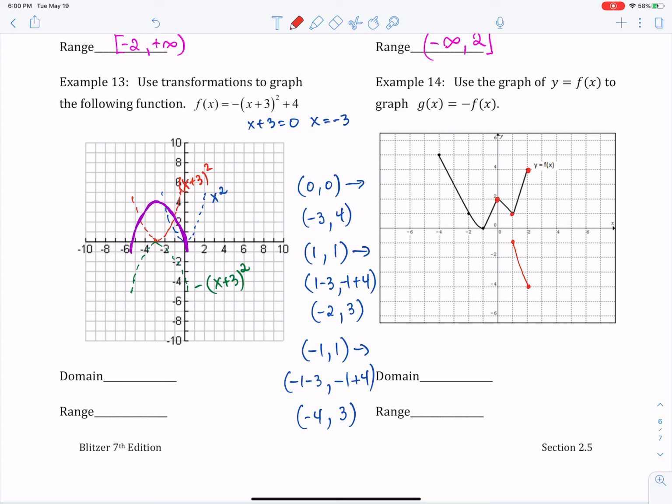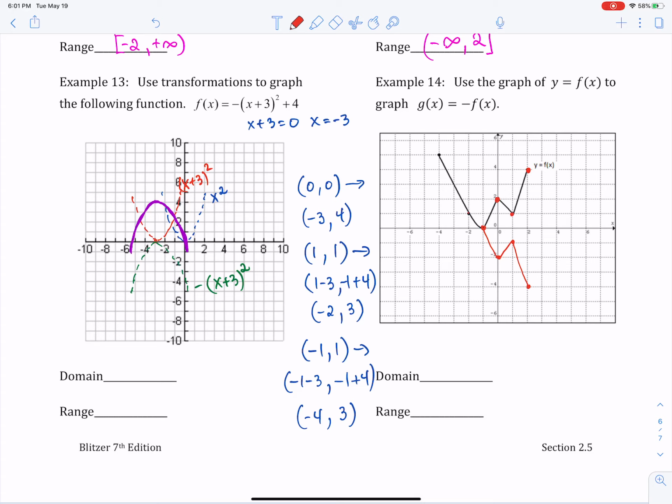Then that point here, which originally was at 2, needs to go to -2. So I'm going to go down here. That point which originally was at 0 for the y value, well, it's going to stay at 0 because -0 is still 0.